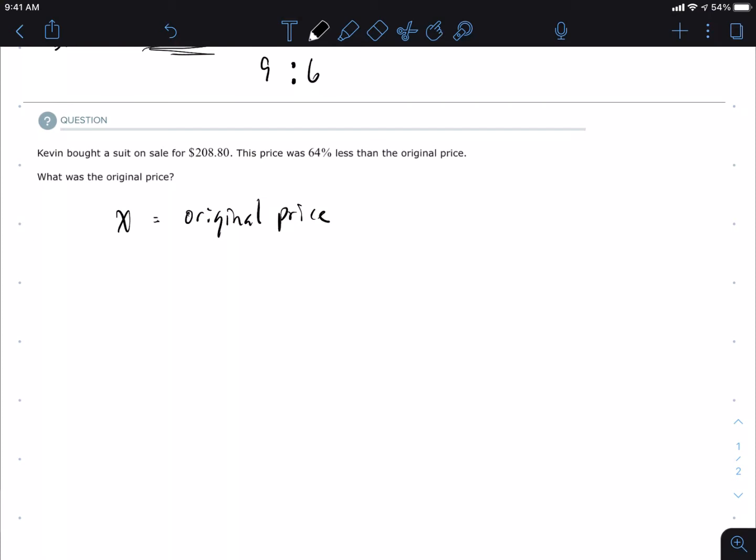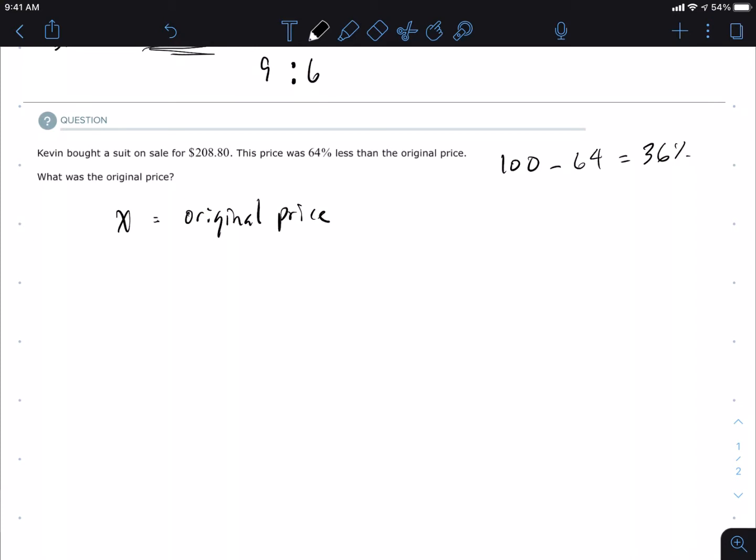So if 100% is what we're looking for, and we deduct 64%, what percent do we end up with? 36. We're going to end up with 36%. That's important that we all get that.